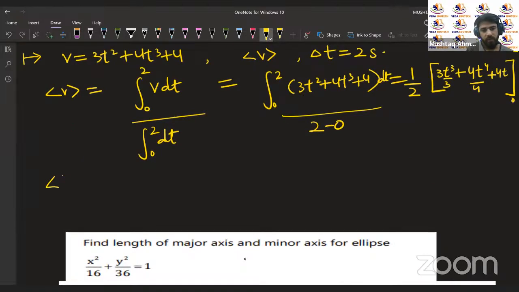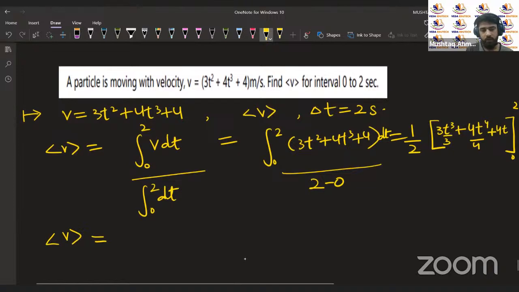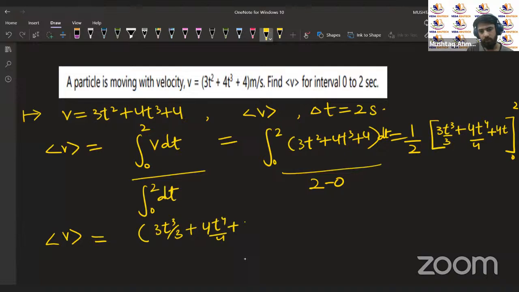So we'll get our average as 3t cube upon 3 plus 4t to the power 4 upon 4 plus 4t, with the limit 0 to 2, upon 2. And this 3 and 4 will go. We'll just substitute the upper limit minus the lower limit.